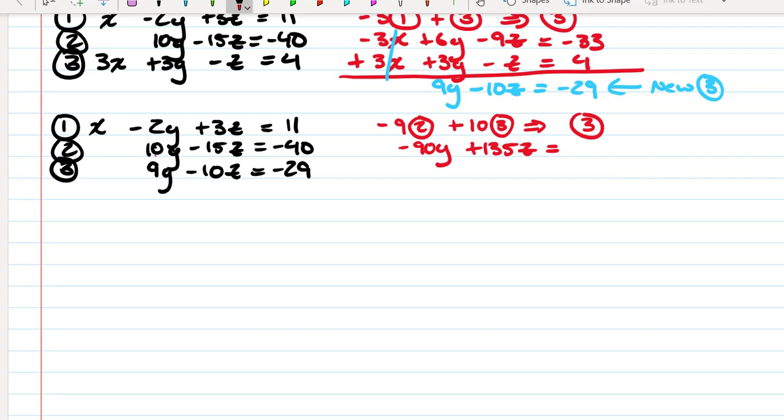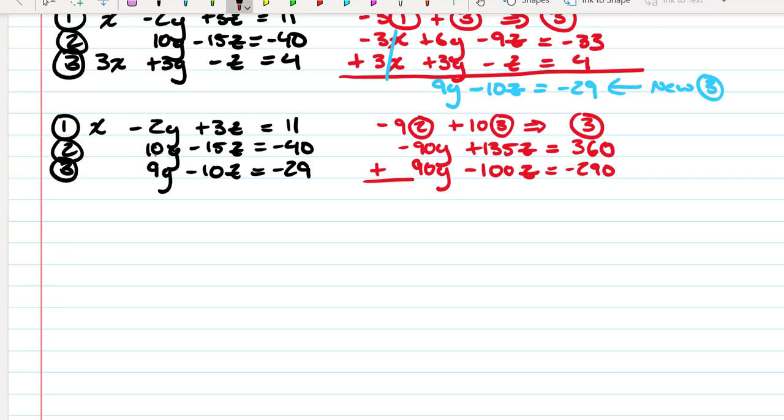9 times 4 is 36, so we get positive 360. Now we have to do 10 times equation 3. So 10 times 9y gives me positive 90y. 10 times negative 10z is negative 100z. And 10 times negative 29 gives me negative 290.